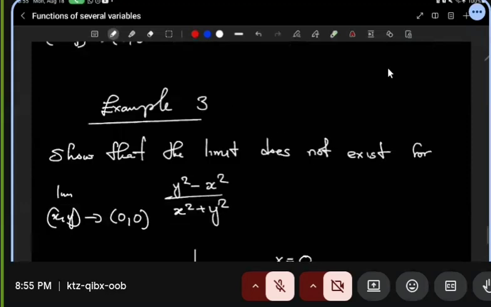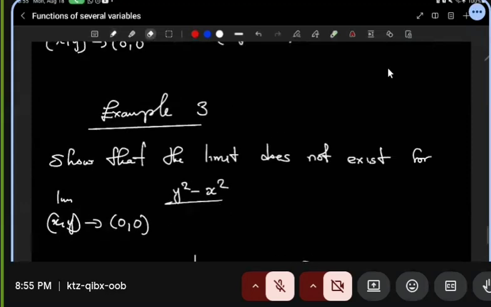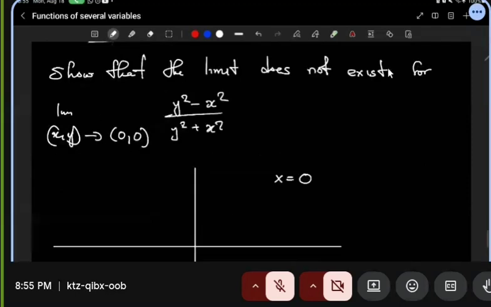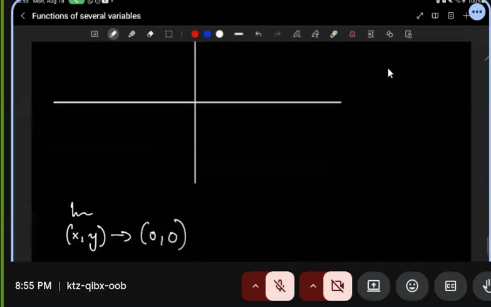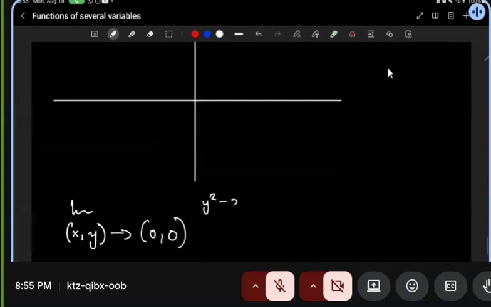Okay, so instead of this, we have y squared plus x squared. So that's y squared minus x squared over y squared plus x squared.